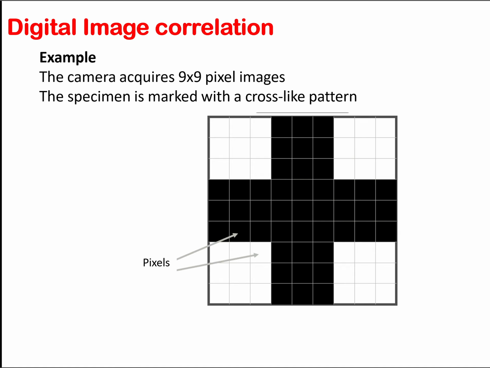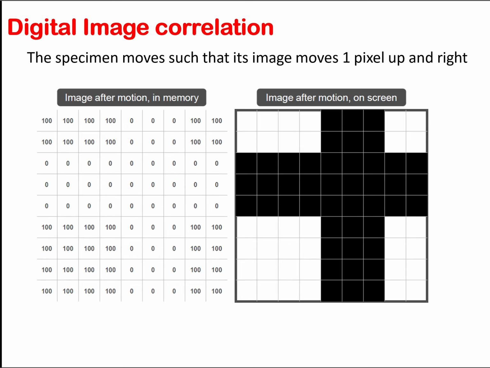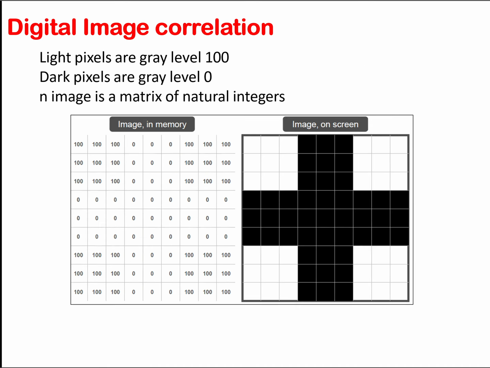Again, think of an example of this. We have a very small image that is a 9 by 9 pixel image. We have 81 pixels in the sample. Some of this is colored black and some of this is colored white. As you apply the load, the black part is going to move, as you can see, like this.